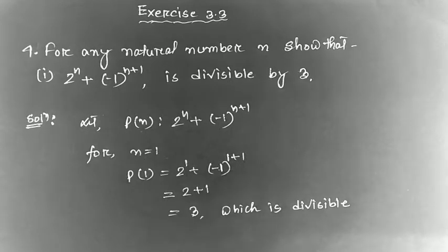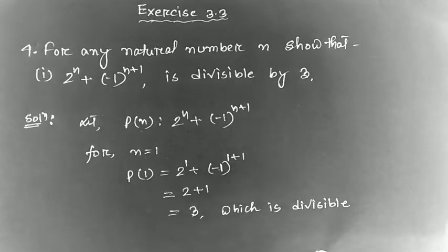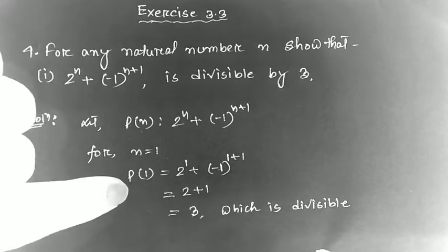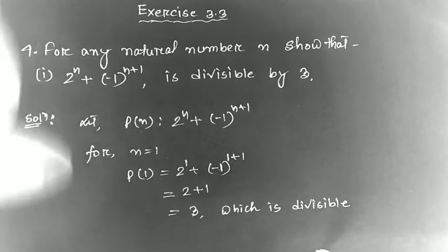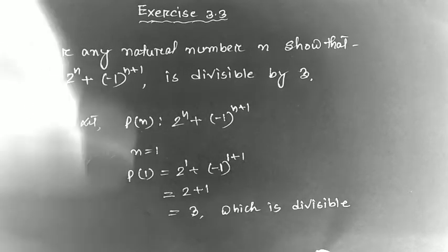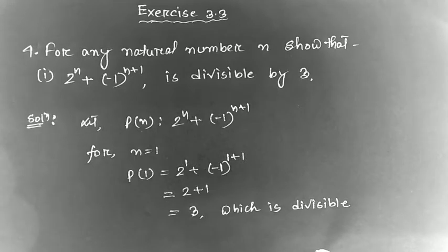In the second step you have to concentrate more, so let's see how to do it. In mathematical induction, after proving for n equal to 1, we prove for n equal to k, where k is some natural number.